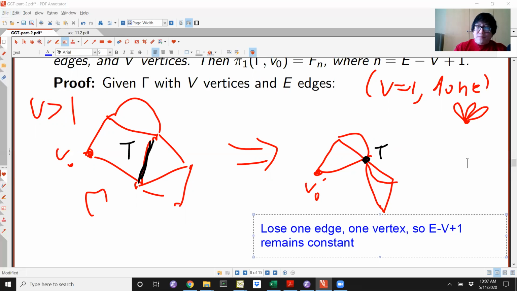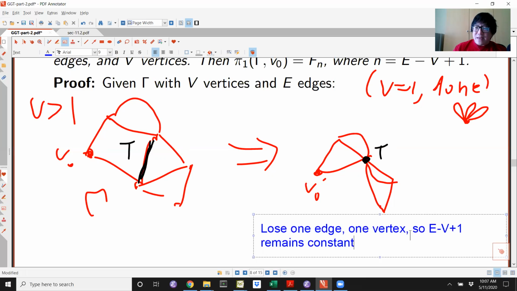So on a sphere, for example, if you have some graph on a sphere with one unified outside, you get V minus E plus F equals 2.